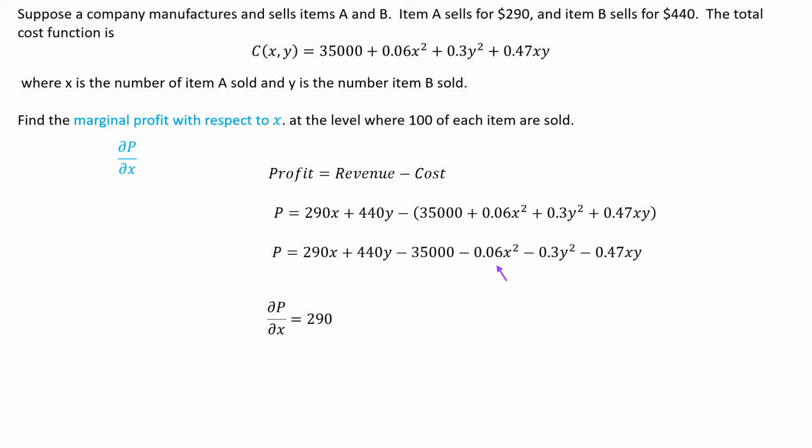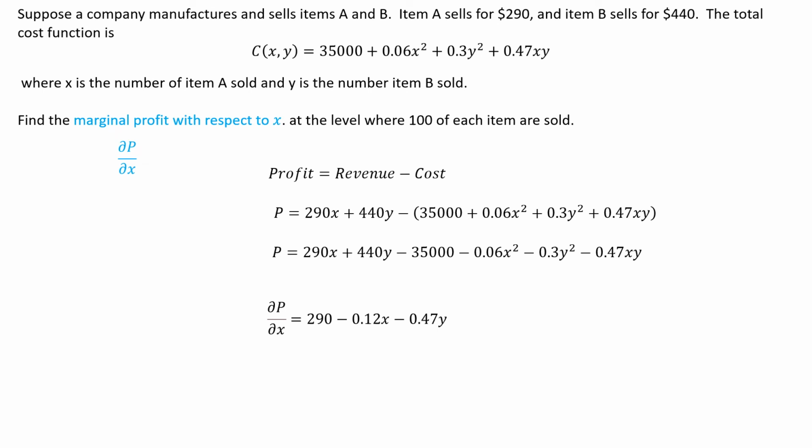The derivative of this term with respect to x is clearly this. But if we're differentiating with respect to x, this term, which is being assumed to be constant because it has only y in it, would have a derivative of 0. And the last term, thinking of y as a constant, would give us a derivative of negative 0.47y.